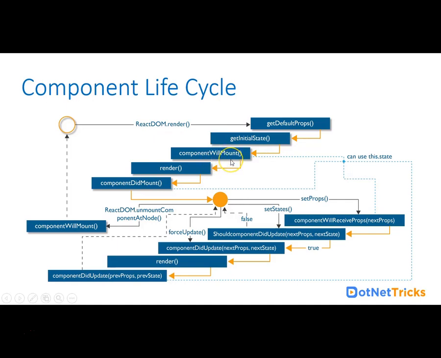Then componentWillMount executes, which we can call before our component gets rendered into the DOM to make any setState changes. Then the render method will execute to ensure the responsibility of returning the JSX.